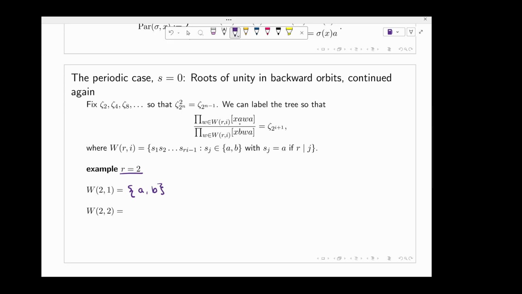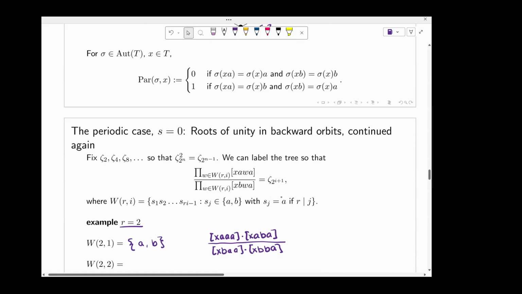So what I'm doing here is I'm taking the product of XAAA with XABA, filling those in. And in the denominator, I get something similar, XBAA and XBBA. So I'm taking this quotient.